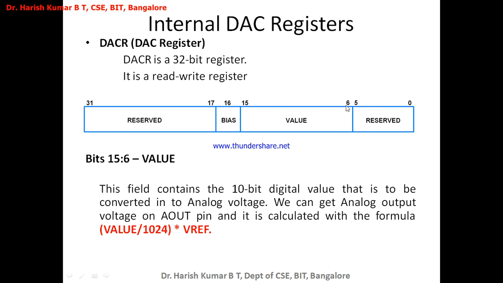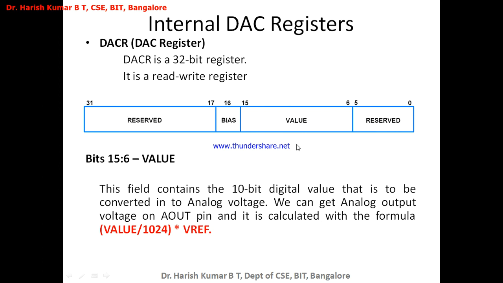So 6 to 15, how many bits are there? You can count 6, 7, 8, 9, 10, 11, 12, 13, 14, 15. So totally 10 bits, hence it is called a 10-bit DAC. And bit 16 is a bias, and again we don't focus on this much. Bits 17 to 31 are again reserved, we don't focus on this.